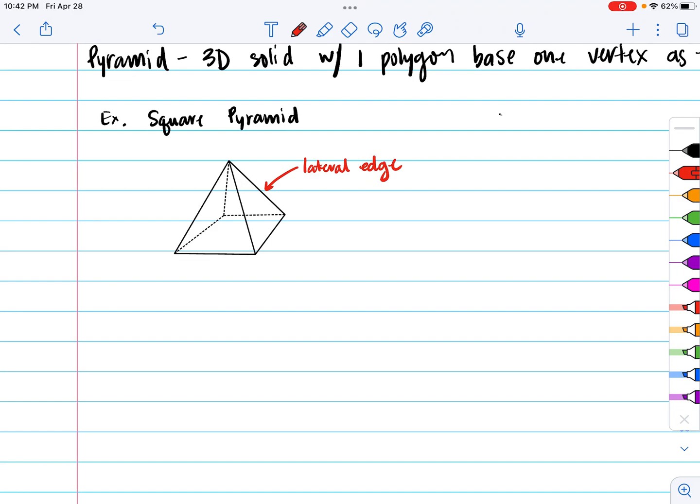Then we also have an altitude. So let's do that in green. It goes from the bottom of the base straight up to the top, the vertex that we were talking about. We call this our altitude. This is the height of the pyramid.